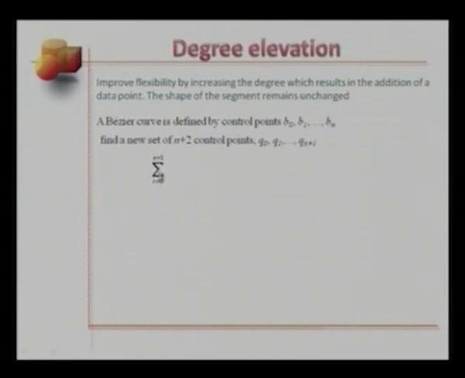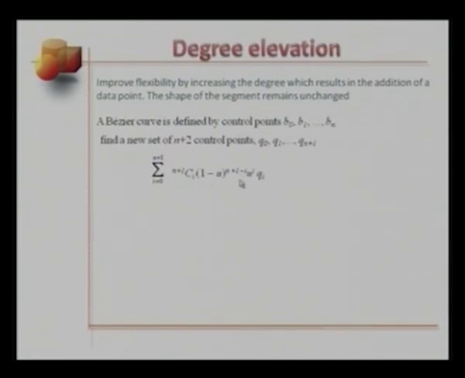The new Bezier curve is going to be given by summation i going from 0 to n plus 1, n plus 1 combination i times (1 minus u) raised to n plus 1 minus i times u super i times q sub i. This is how a Bezier segment will be represented using new control points q sub i.